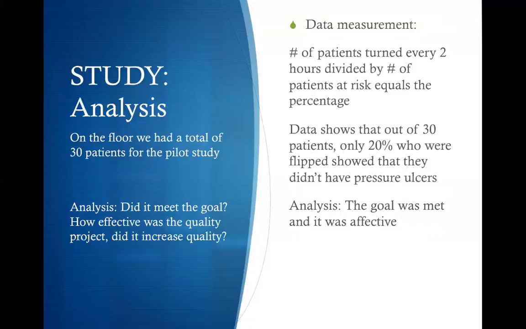The data shows that out of 30 patients, only 20% who were flipped showed that they didn't have pressure ulcers. And the analysis is that the goal was met and it was effective. In having an effective study, this did increase quality as well.